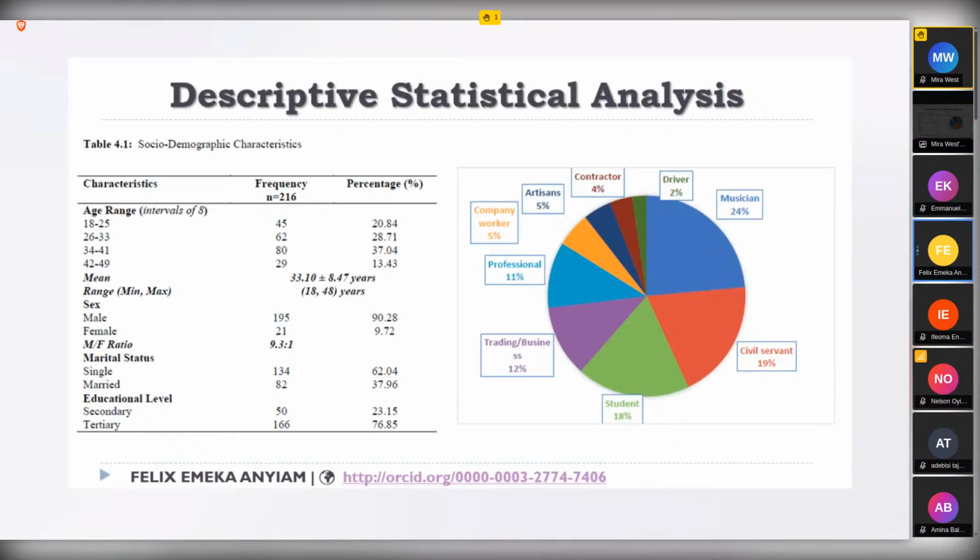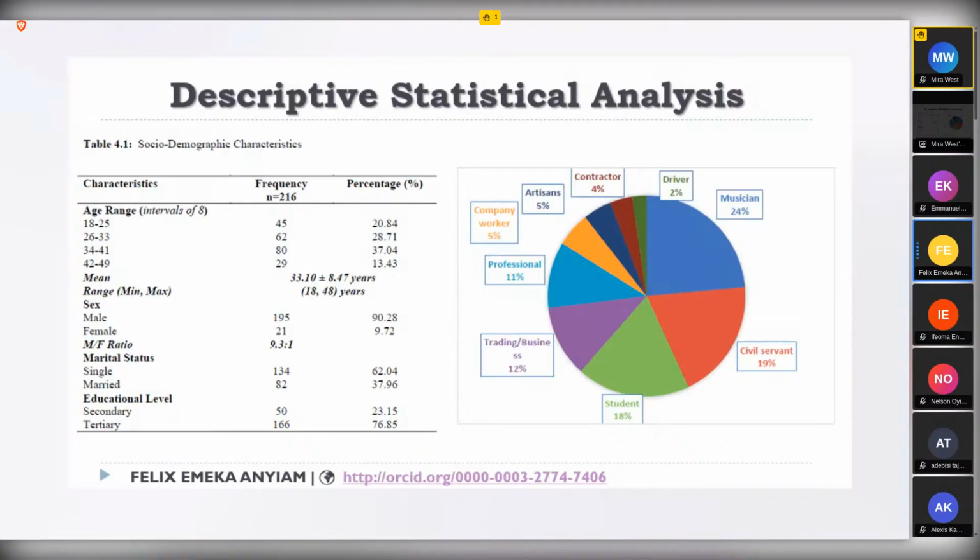So you can see this is descriptive statistics. You are basically describing the data as it is, all right? If you're going to be interpreting this data, it will be something like: the age range showed that those between 18 to 25 were 45, and the percentage of that was 20.84.